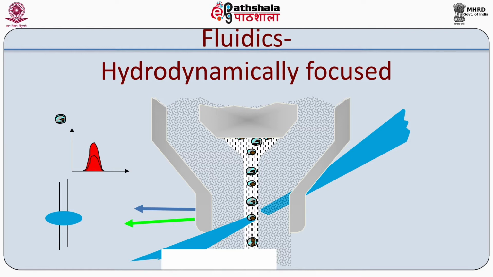Therefore the majority of the cells pass through the center of the laser beam, providing optimal illumination of the cells, and emission from the cells is also uniform. A lower flow rate is generally recommended for applications where greater resolution of data is critical, such as DNA analysis.